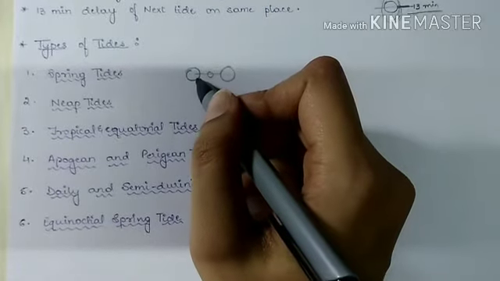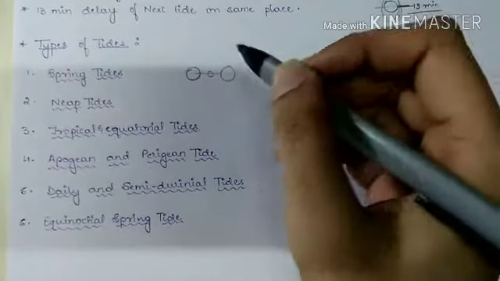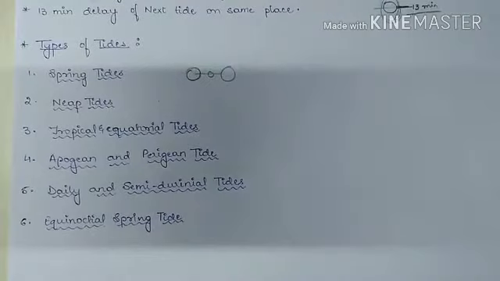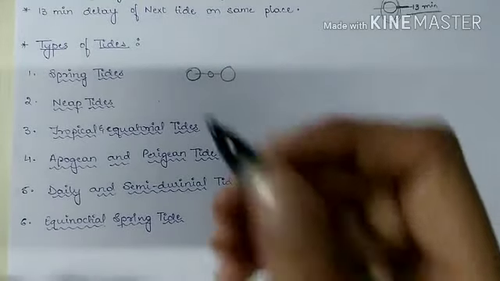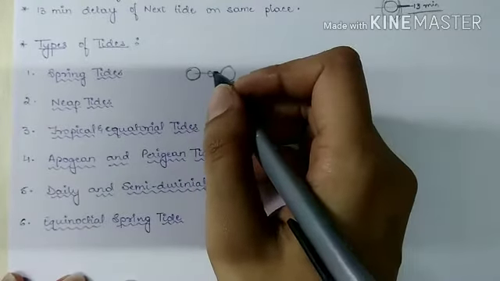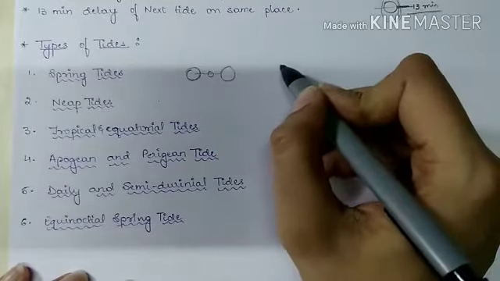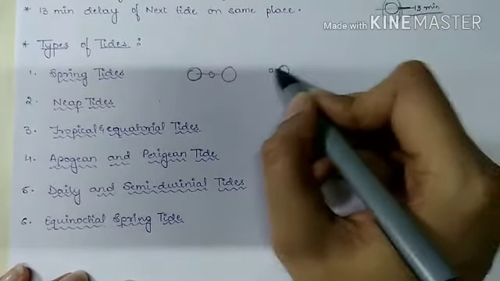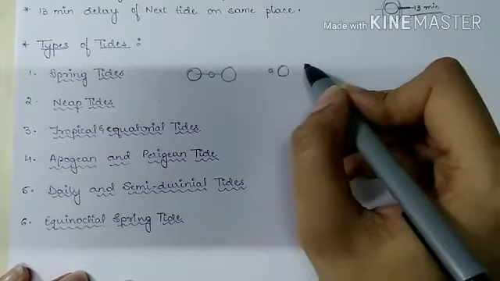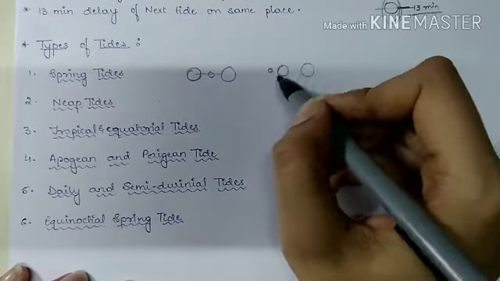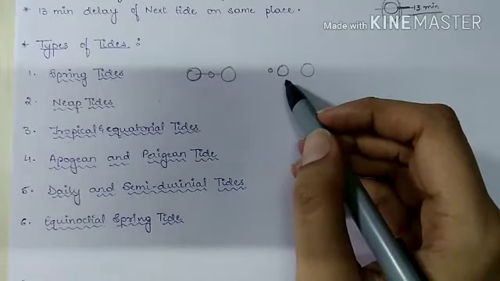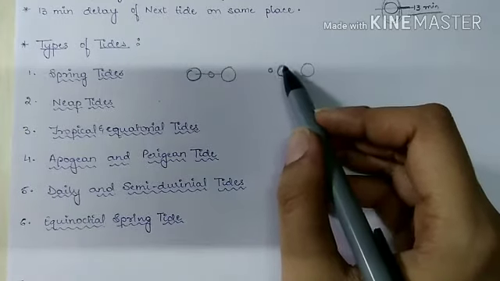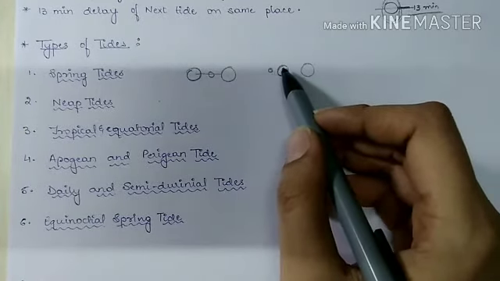And now when the position is opposite, like when the sun and moon, sorry, the earth is between sun and moon, this is our earth, this is sun, and this is moon. So this position is known as the position of opposition, and this causes lunar eclipse.